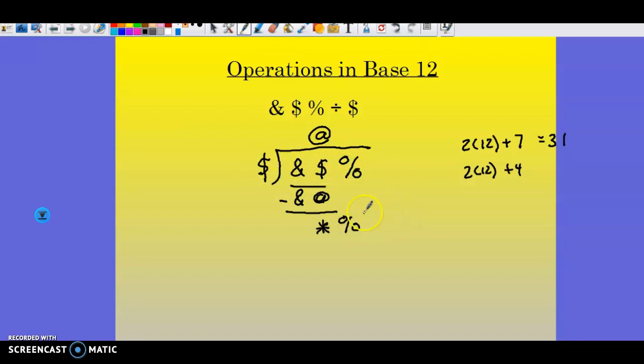Bring down the 6. Okay, so that is not 36. That is 3 12s and a 6.